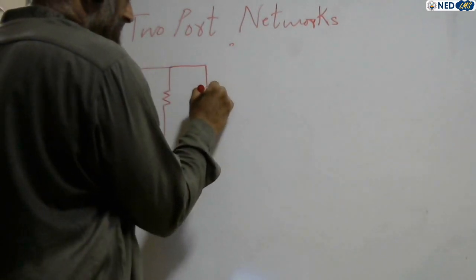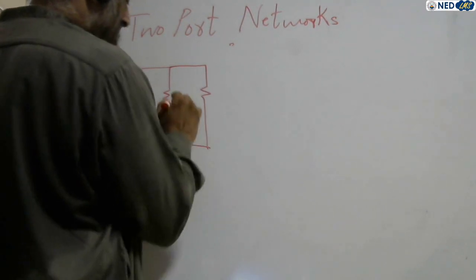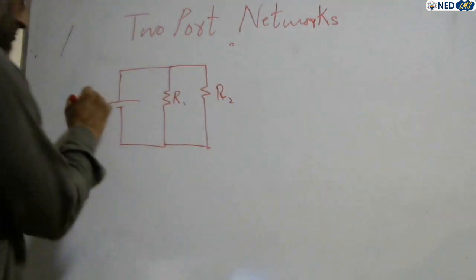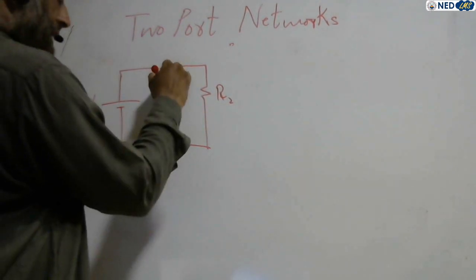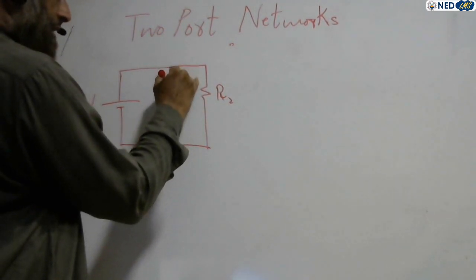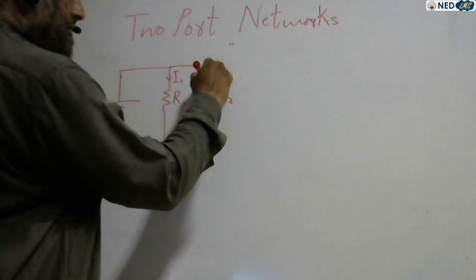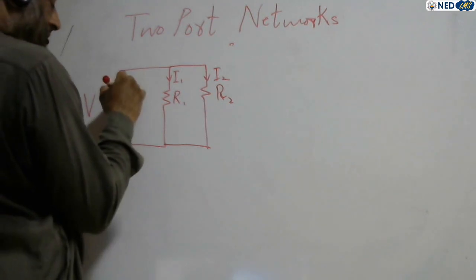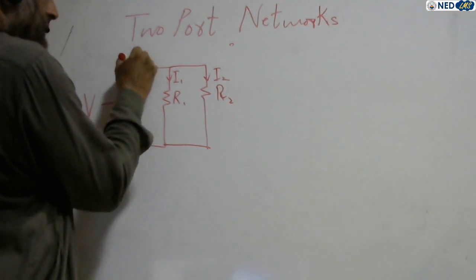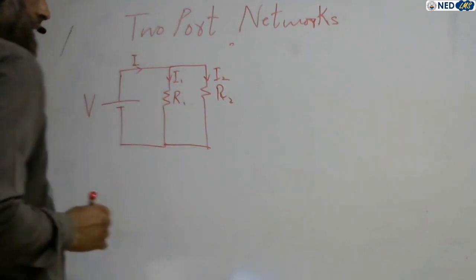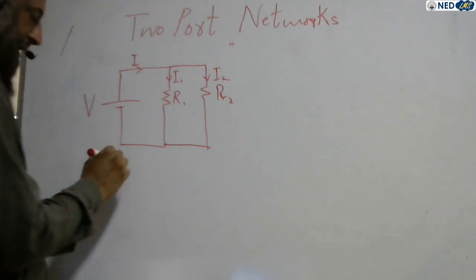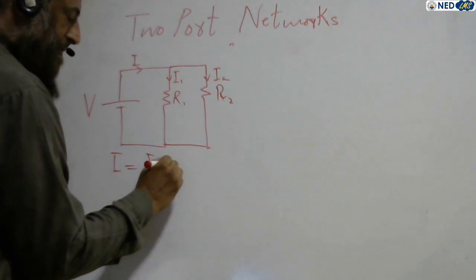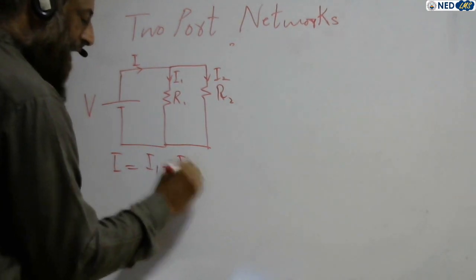Let's suppose there are two branches, R1, R2, and source voltage V. The current in the first branch is termed I1, the current in the second branch is termed I2, and the current from the battery is the total current I. It is obvious that the total current I is the sum of the branch currents, I1 plus I2.